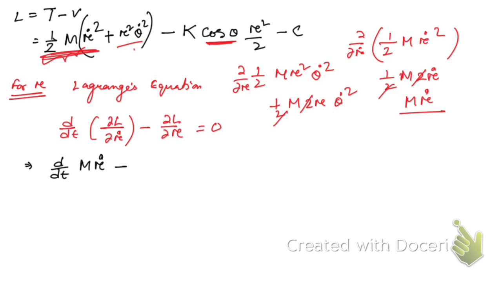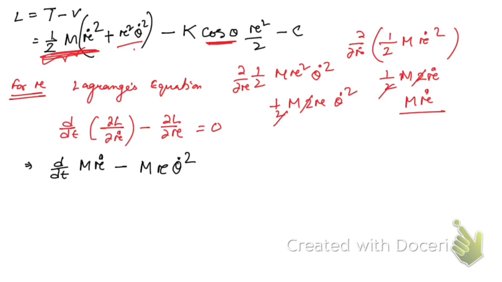So here the 2 and half are gone, so we can have m r theta dot square. Then here also you see this is also a function of r.